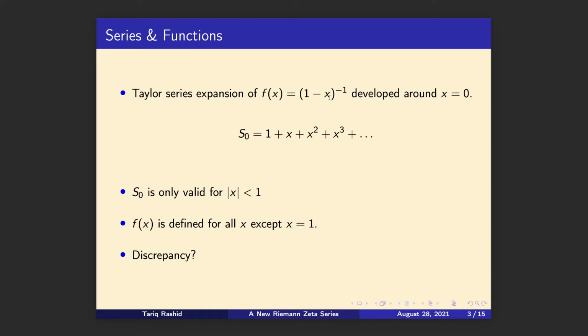Most people know it by heart, but if you don't, it's easy to work out as well. There's a very standard method for working out Taylor series, and if you need a refresher, there are lots of easy guides for doing that. But this is the power series expansion of this function, developed around x equals 0.